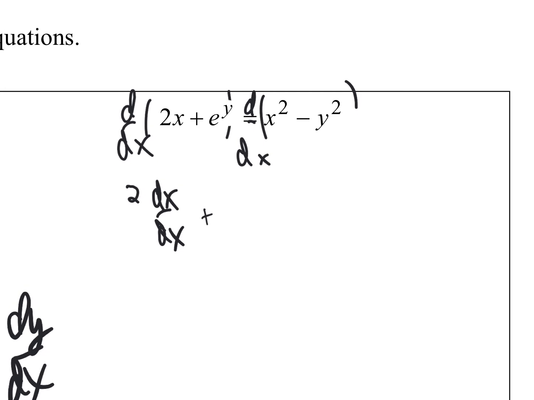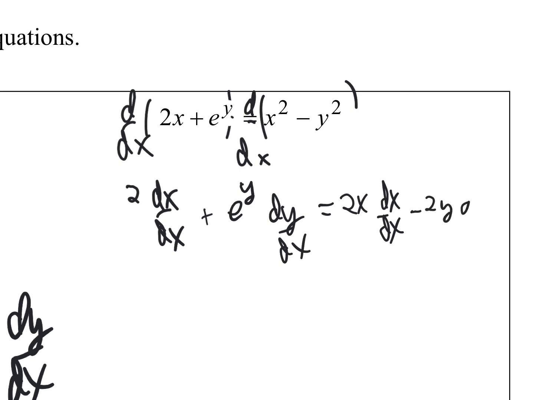The derivative of e to the u is always e to the u times the derivative of u, dy dx, equals to the derivative of x squared with respect to x is 2x dx dx minus the derivative of y squared is minus 2y dy dx.